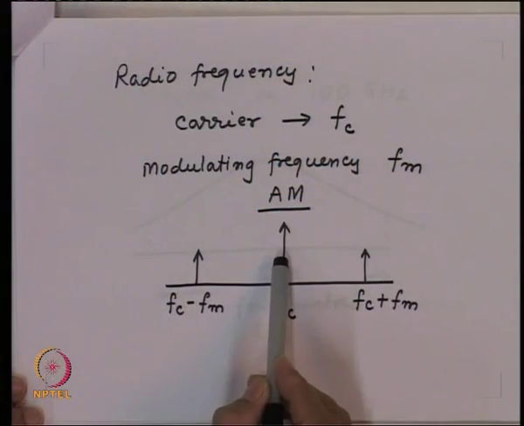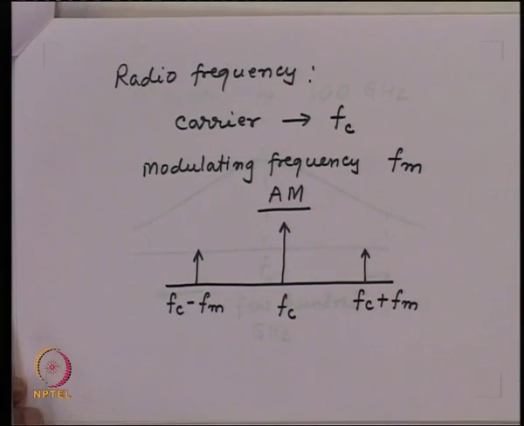And at radio frequency, the carrier is very pure, and what we mean by that is the spectral width of the carrier intrinsically is much smaller compared to Fm, and as a result we get the sidebands very clearly seen in the spectrum of the amplitude modulated signal.